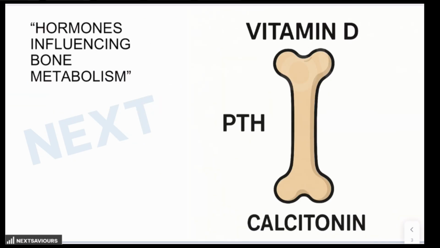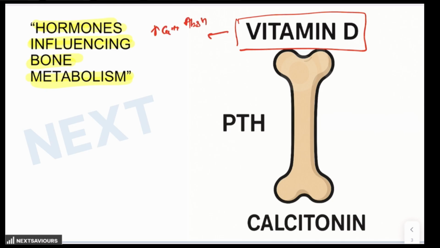But in order to have a better understanding of this, we should know the names of the hormones which are responsible for influencing bone metabolism. As all of you are aware, vitamin D is responsible for increasing calcium absorption from both the small intestine as well as the renal tubules.